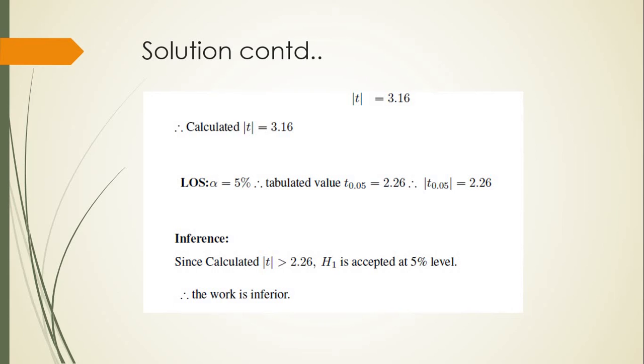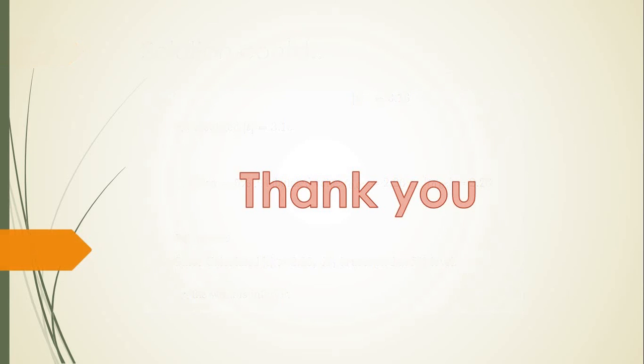So what do we infer from it? Here we see the calculated t value is greater than 2.26. So H1 is accepted. That is, H0 is rejected at the 5% level of significance. So the work here is inferior, that we infer.